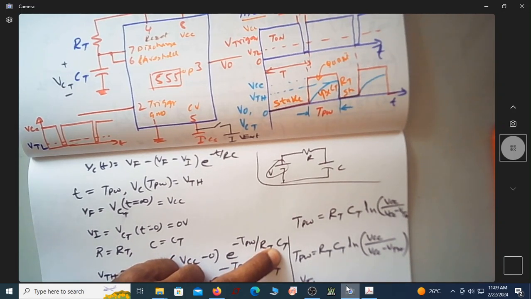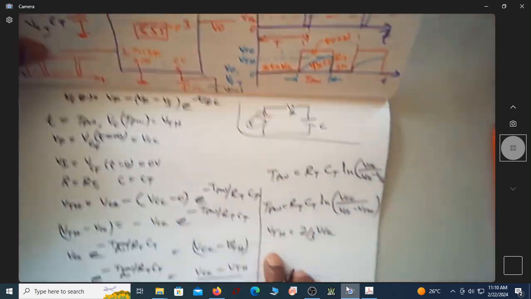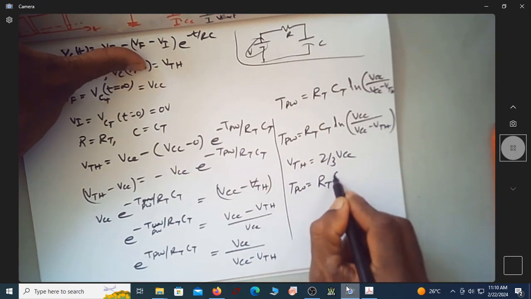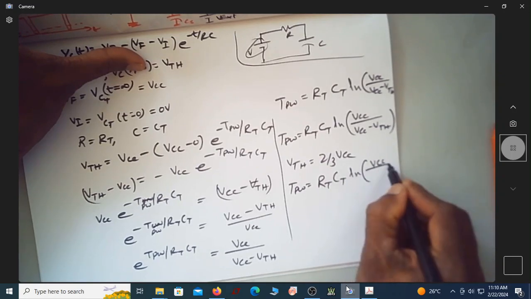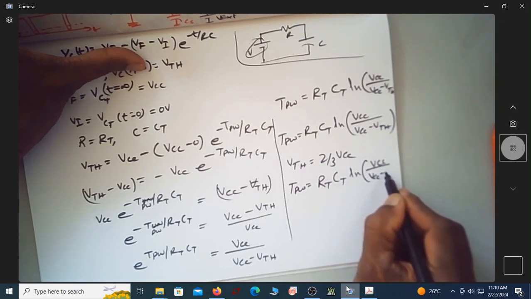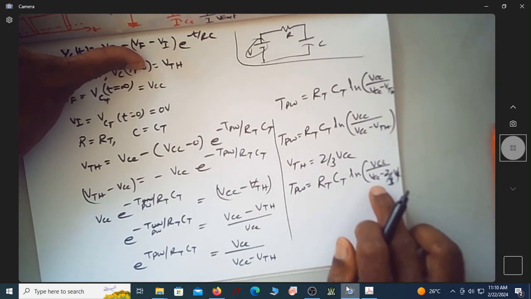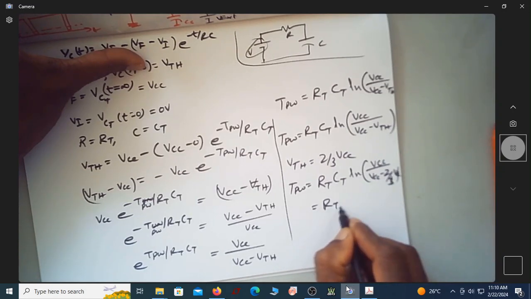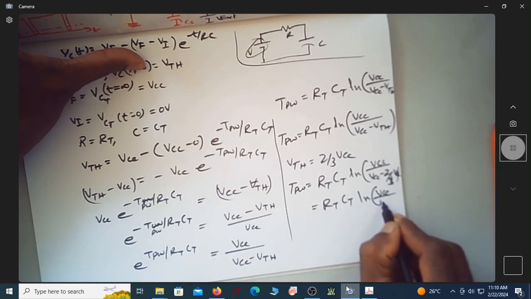Suppose VTH is 2/3 VCC. Then TPW becomes RT CT ln of VCC by VCC minus 2/3 VCC. VCC minus 2/3 VCC becomes 1/3 VCC. So it is RT CT ln of VCC by 1/3 VCC.